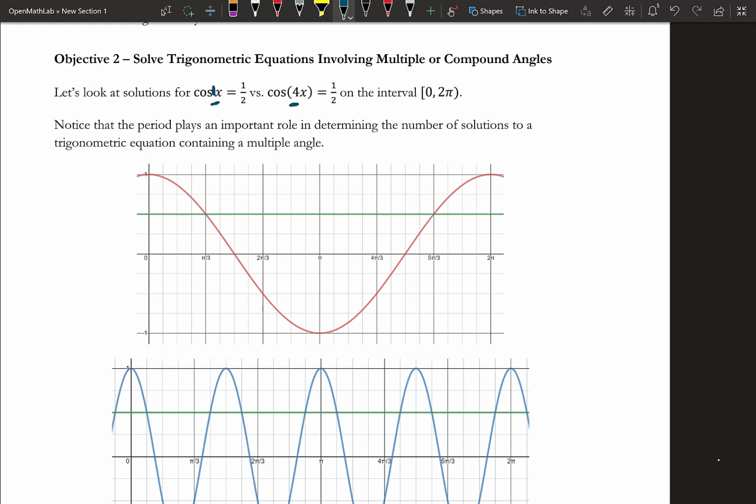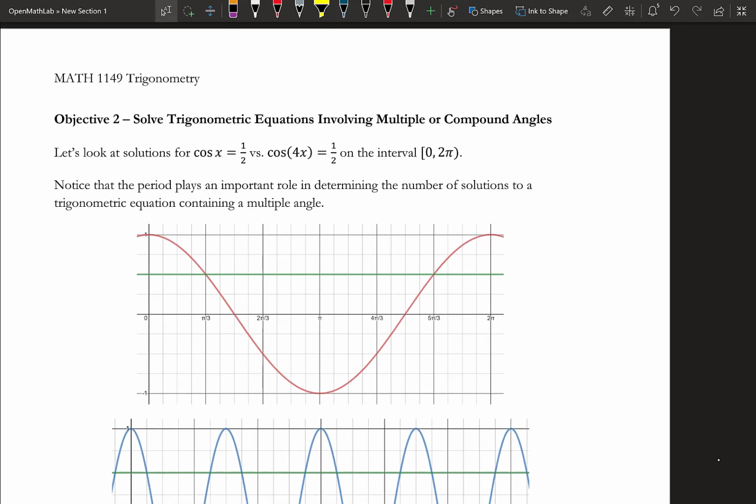So the periods for these are going to be different, because if you remember from previous sections, the period for cosine is equal to 2 pi over b, where b is that value being multiplied by x inside. In this case, b is 1. In this case, b is 4.